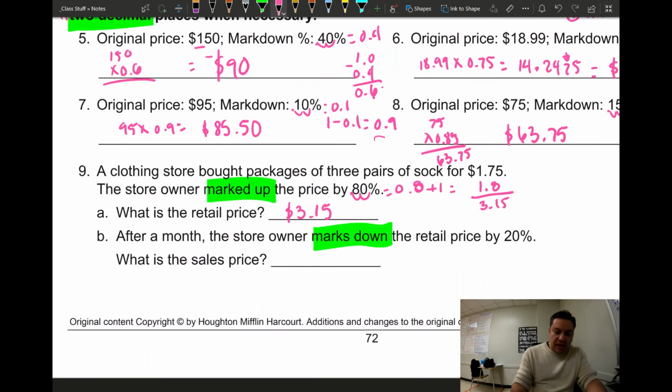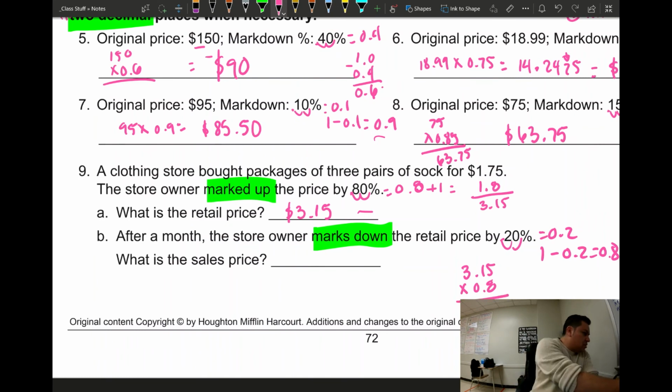So, markdown: convert to decimal, subtract from 1, and then multiply by the retail price right there. So 3.15 times 0.8 is $2.52. So now the new price is $2.52. On a markdown, I can expect it to go down, and it did.